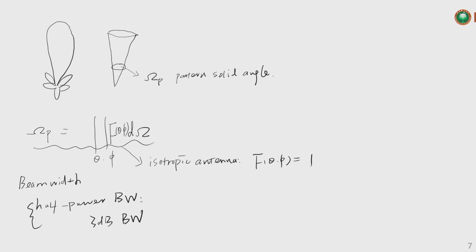Another parameter is the null beam width. Null means 0, right? It means the power is reduced to 0.